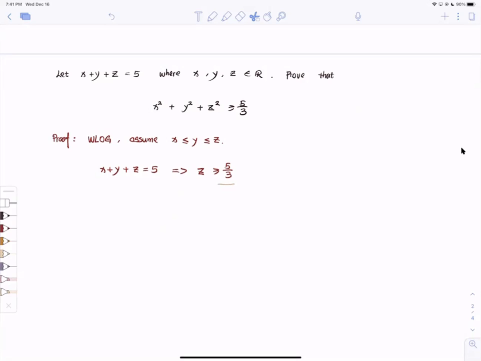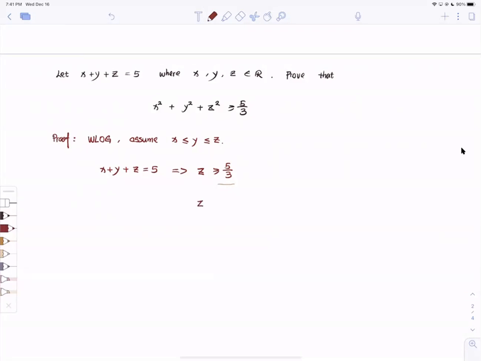So, wait, but you're talking about the multiplication? Or you just forgot to add a plus in between? No, z square. Nitish, z square.